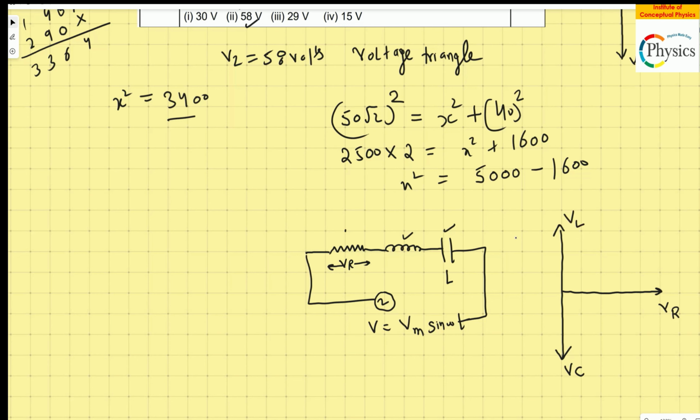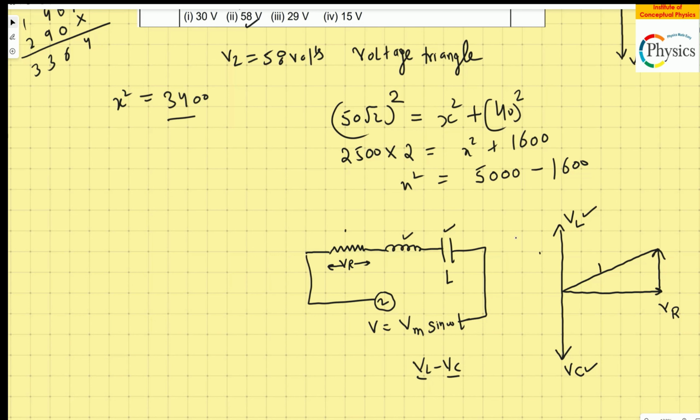You have to see which one is bigger, VL or VC. If VL is bigger, then you subtract and find VL minus VC, draw it in the upper direction, and complete the voltage triangle.